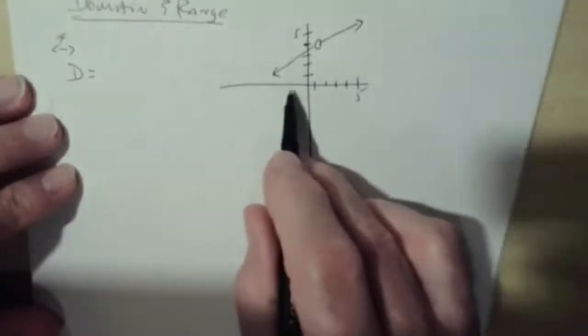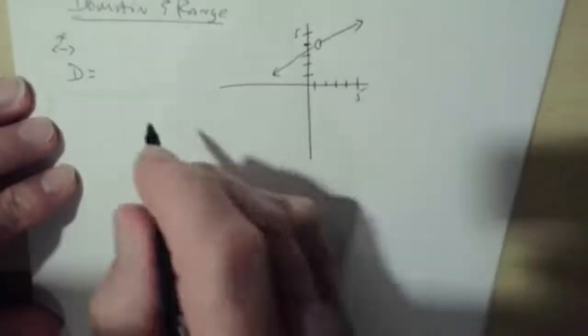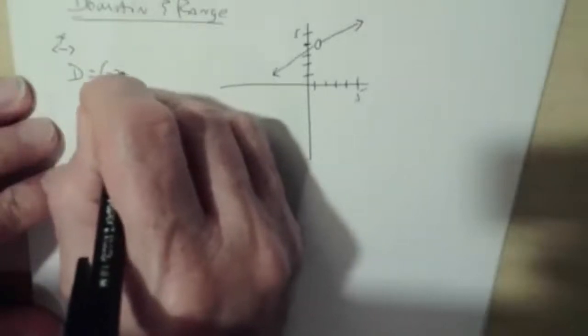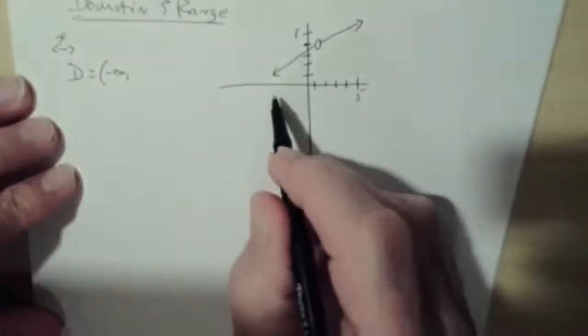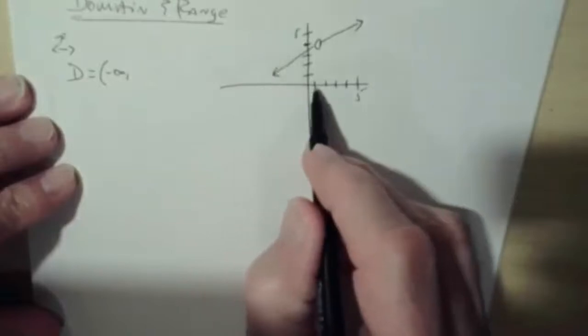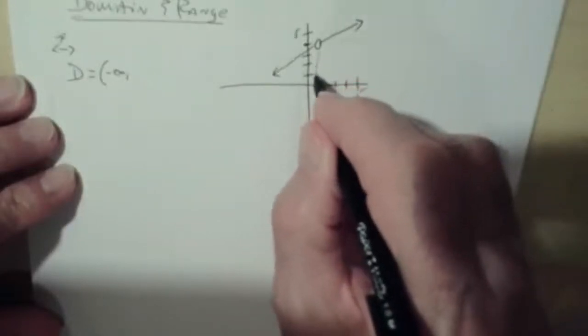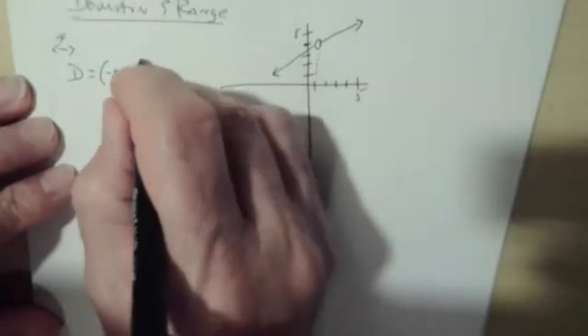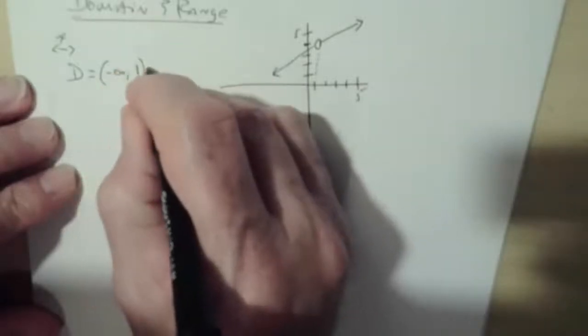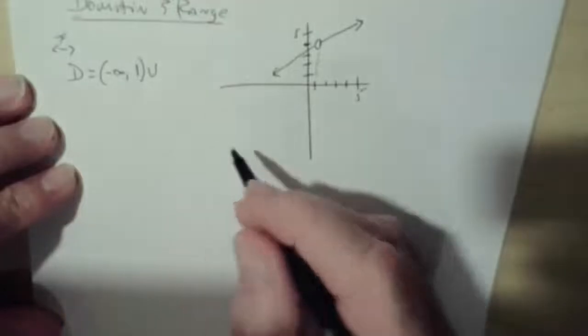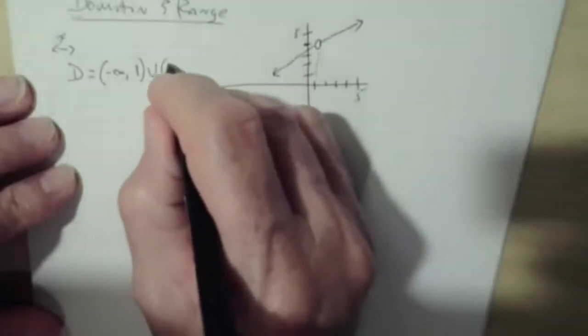Negative infinity, up to about 1, and the union of 1 to positive infinity, from here all the way.